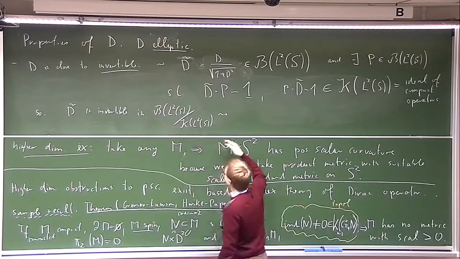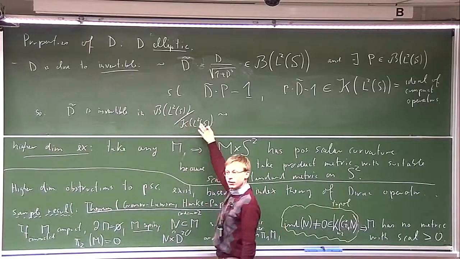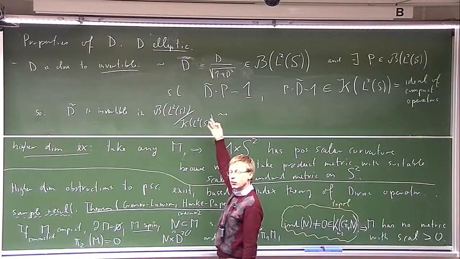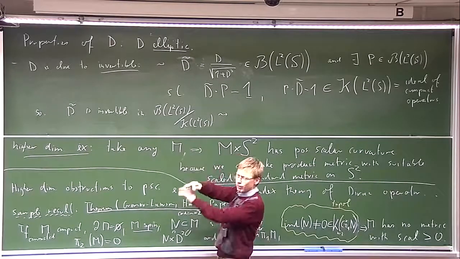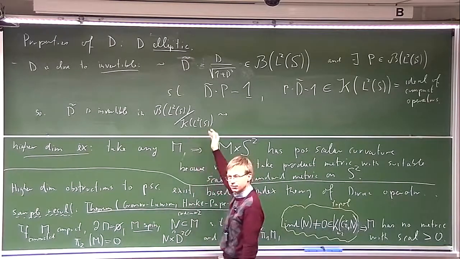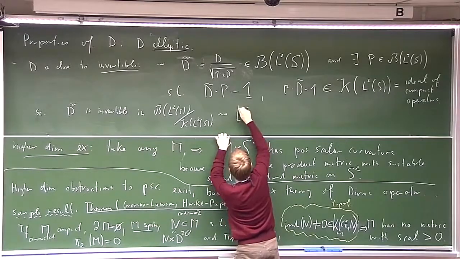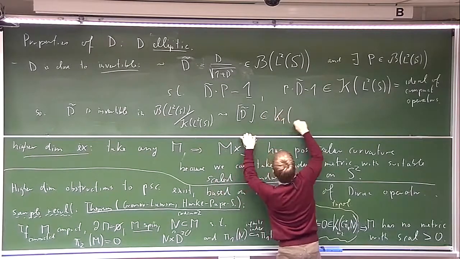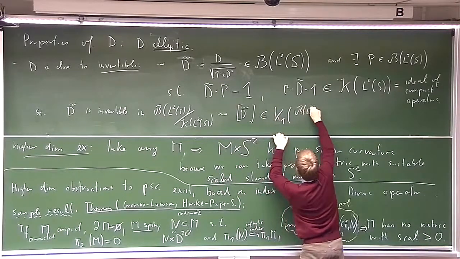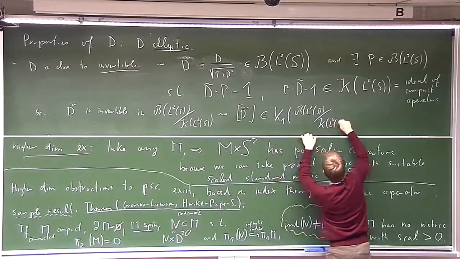So we have an invertible element in this algebra, so it means we have written down an element in K1 of this algebra, just because K1 is by definition equivalence classes of invertible elements. Well, you have to pass to matrices, this is fine print, but so we get a class of D, we call it a fundamental class, in K1 of the bounded operators modulo the compact operators.